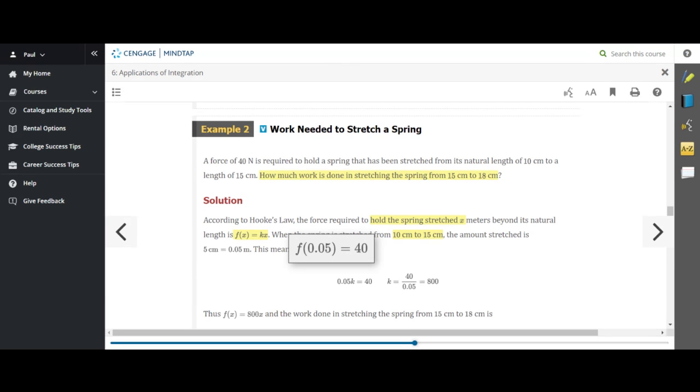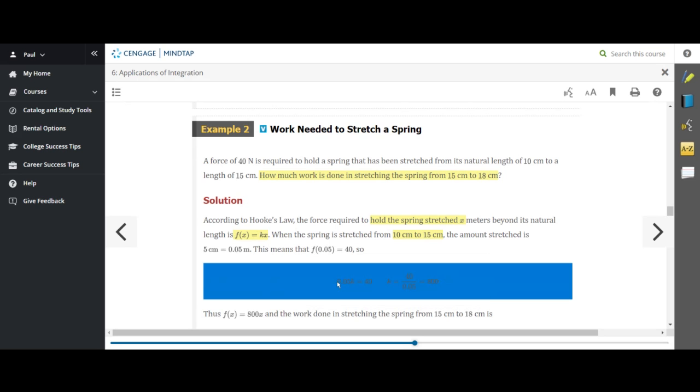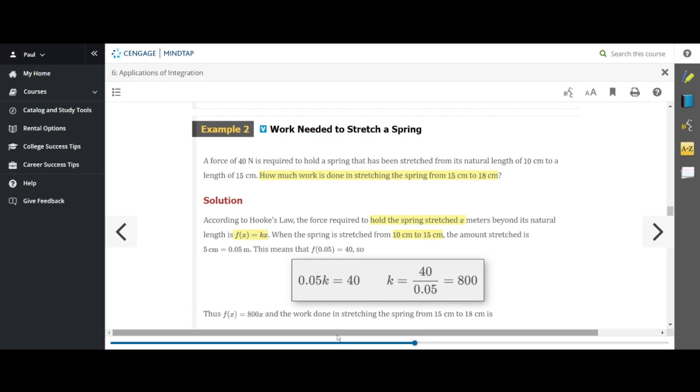Please let me know if you have any questions, okay? So now 0.05 times k is equal to 40, because the function is equal to k times x. Well, k times 0.05 equals 40, so k is 800.